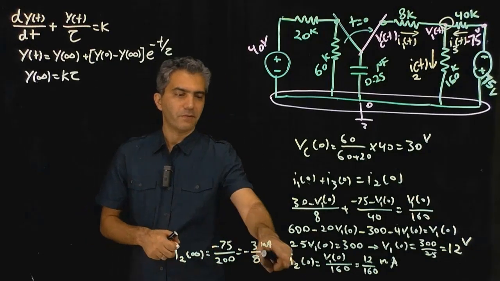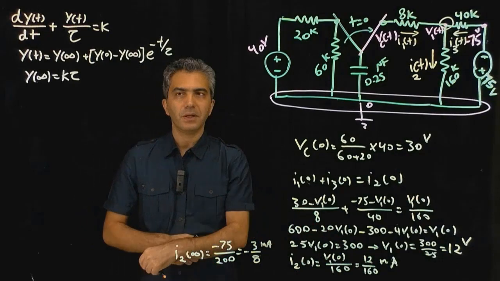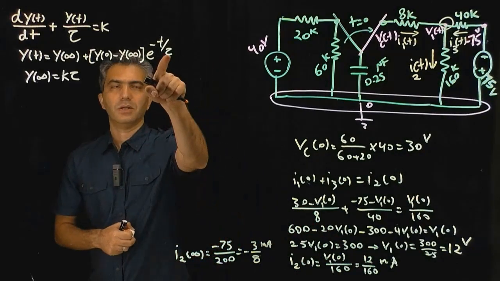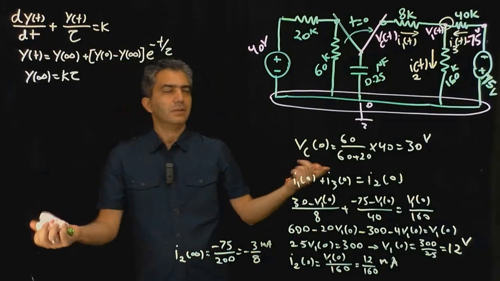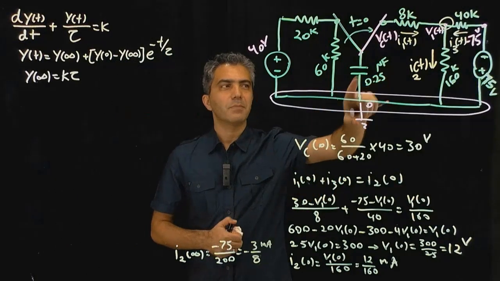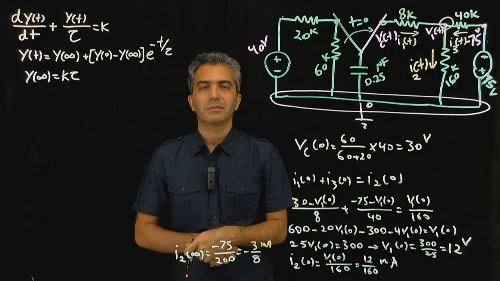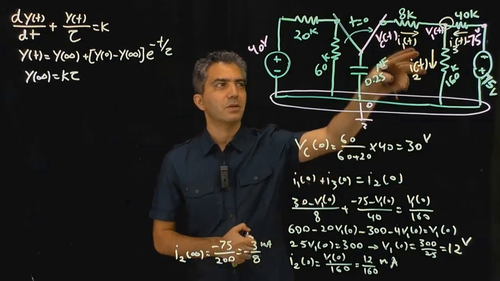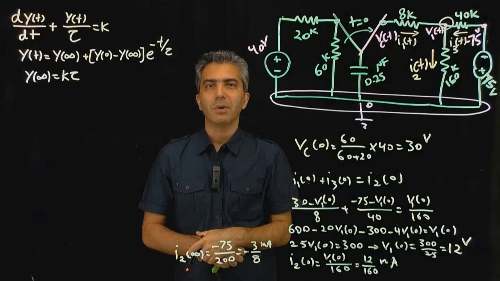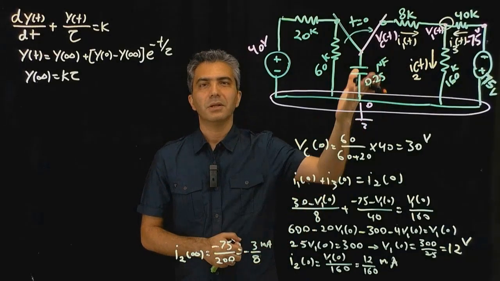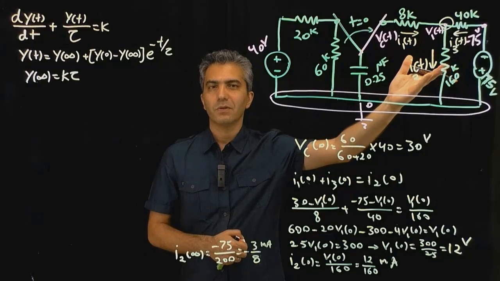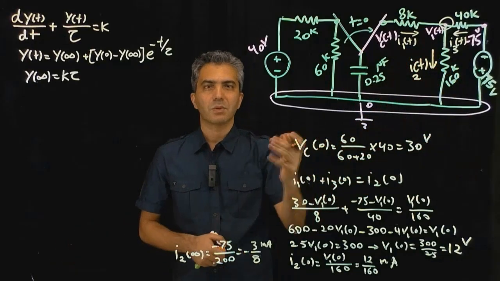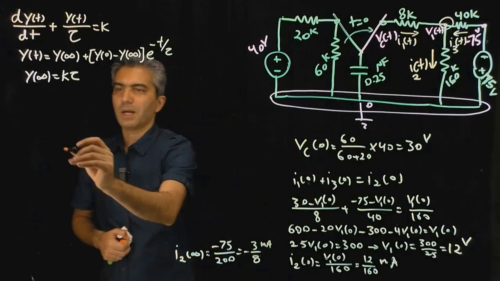Okay, so I have I2(0), I have I2(infinity), and all I need is tau. Good news is tau is going to be the same thing that you calculated before. Tau doesn't change based on what parameter you're trying to calculate. It's still equivalent capacitor times the equivalent resistance. We've already done that. That was 0.01. So I just put it back in this equation.